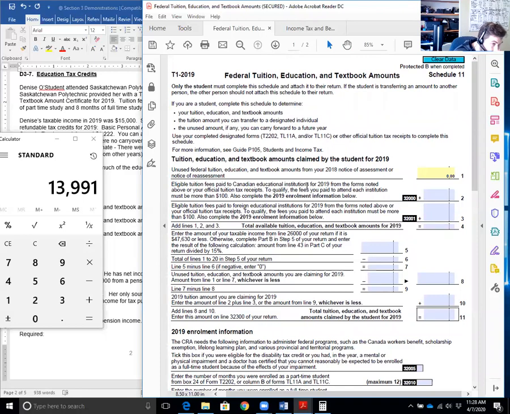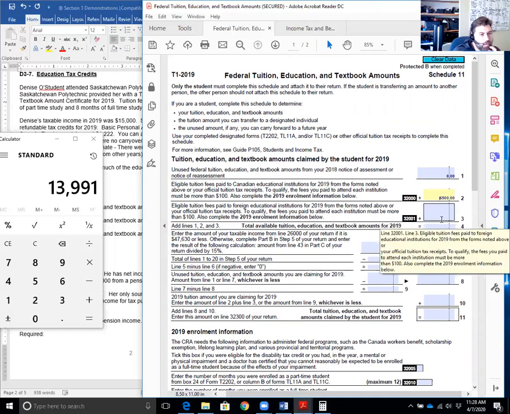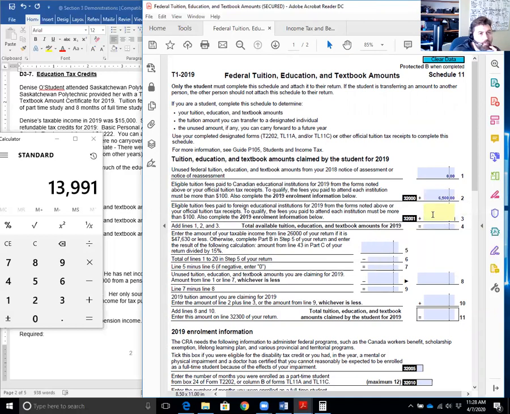That was carried forward. The question also says that we had $6,500 of tuition. Boy, that font is small. Don't think I can fix that, but that's the way it goes.